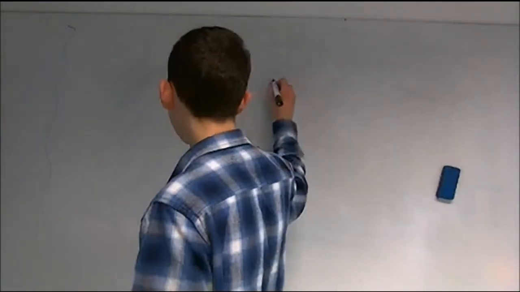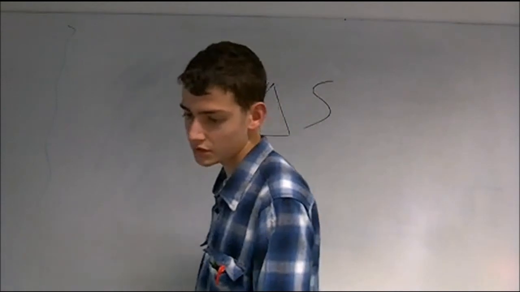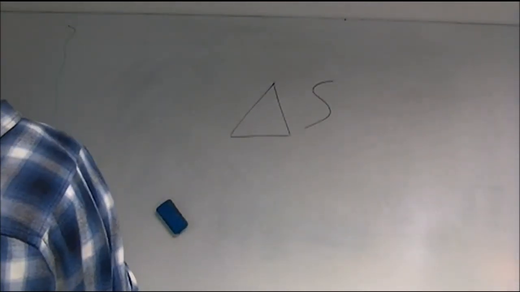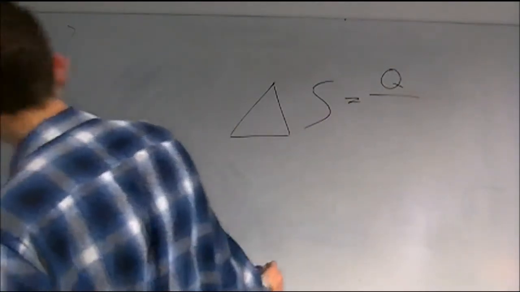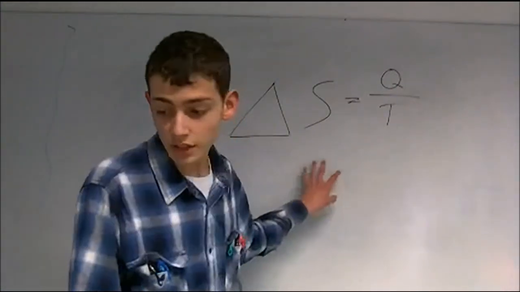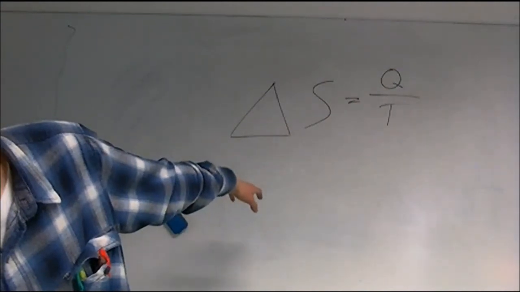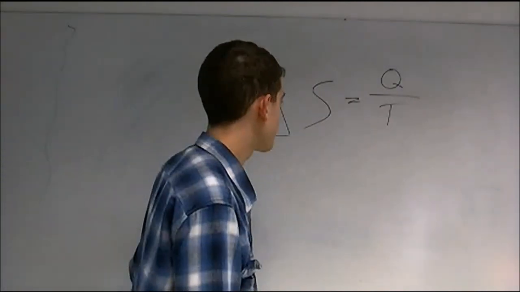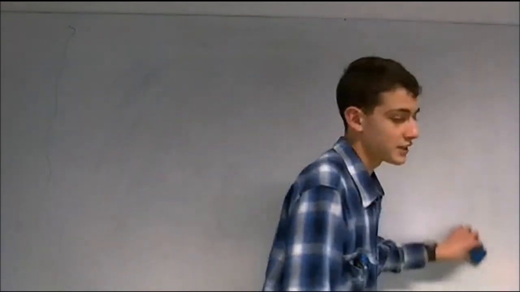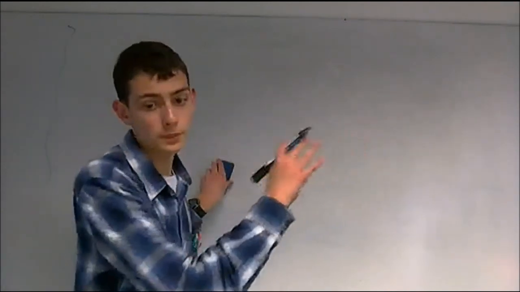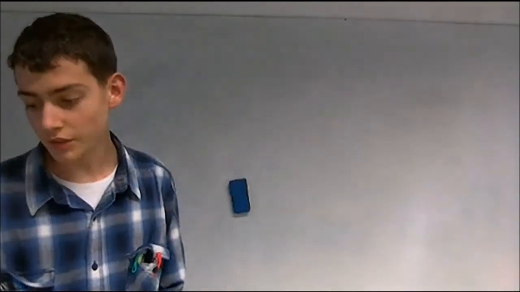It's your change in entropy, S, because entropy has an S in it, equals Q divided by T. So when you add energy to your system and it changes to another temperature, you divide your energy by the temperature, and that's the amount of entropy that you've increased your system by.